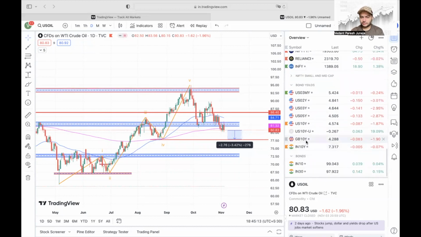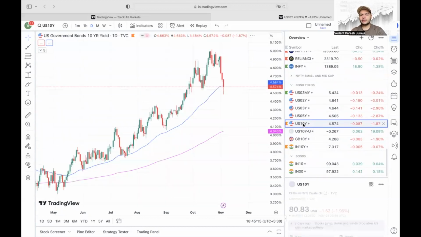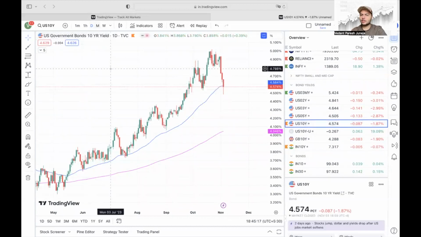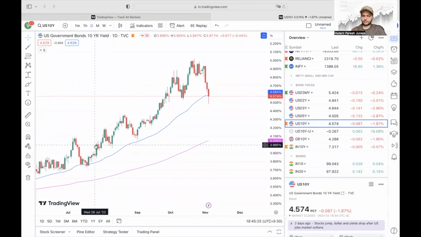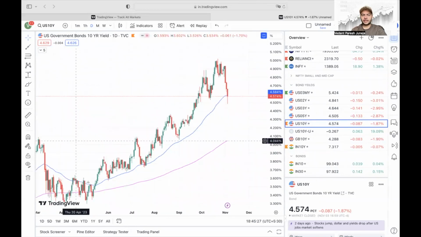Just one last thing. I also tend to look at government bond yields. In my previous videos, I've also told you about how government bond yields work. For example, the bond yields were rallying since Friday 12th May 2023, and it shot up like anything.